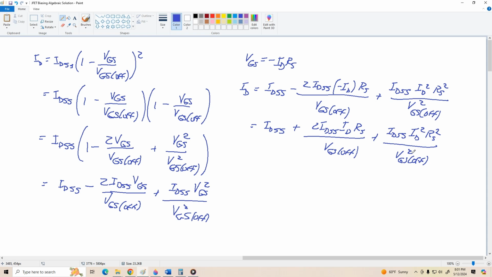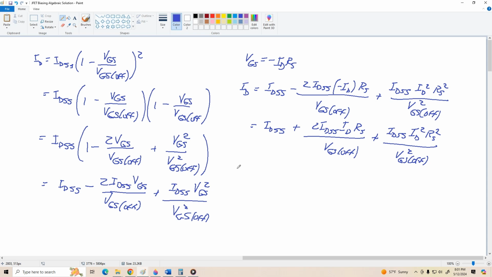The next thing I want to do is put this in standard polynomial order. That is, I want the squared term first, the first power term second, and the 0th power term last. I'm also going to remove the I sub D factors from the numerators and put them beside the fractions just to make things nice and clear, okay?